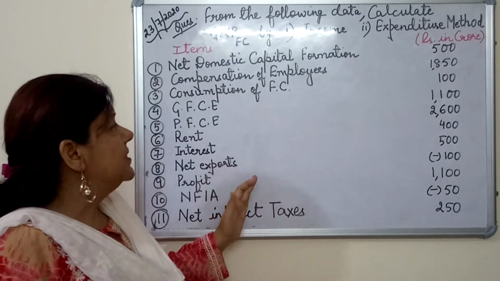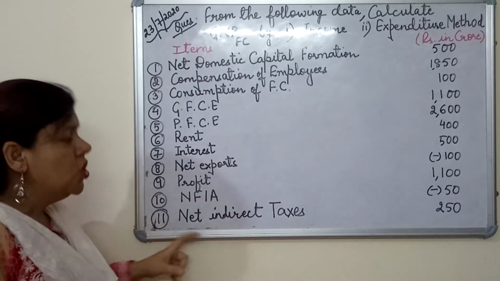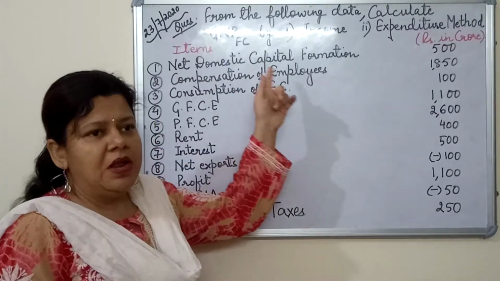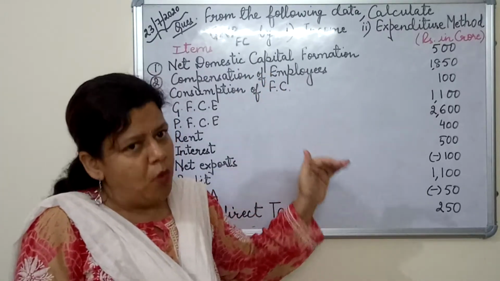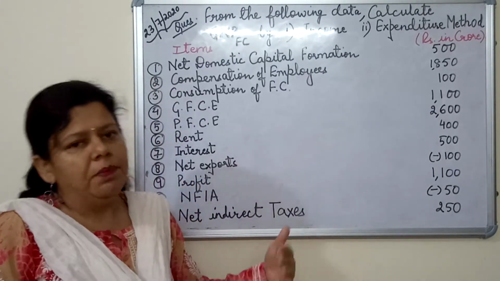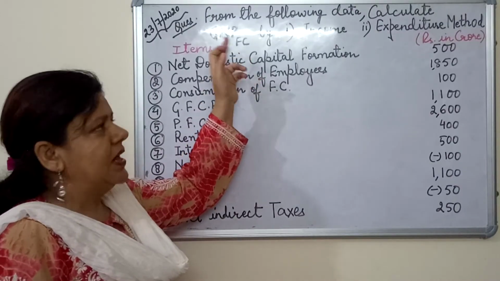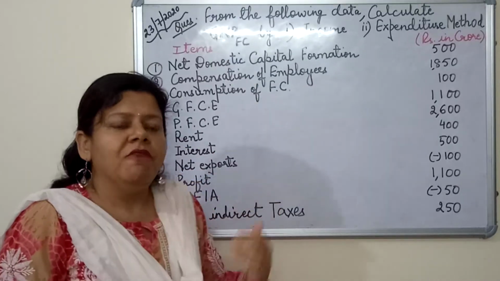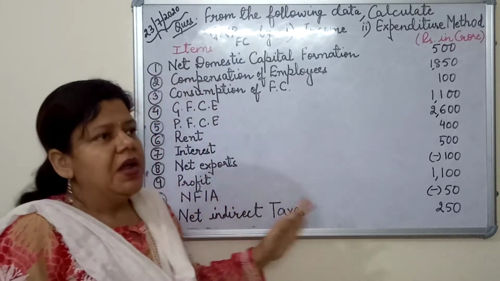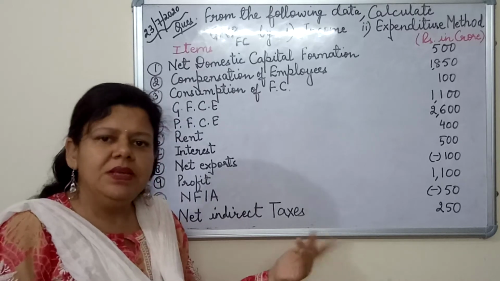Again and again I am saying that if it is not given, you have to see the given items to decide which method to apply and calculate GNP at factor cost, because from both methods, or all three methods, the answer would be the same. GNP at FC will be the same whether you apply the income method or the expenditure method.